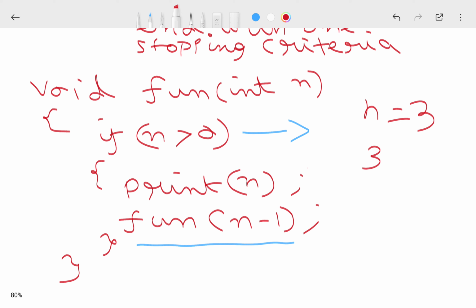Then the same function is called with value 2. Again 2 is greater than 0, so it prints 2. Then the function is called with 2 minus 1, that is 1. Again 1 is greater than 0, so it prints 1. Then it calls the function with n minus 1, that means 1 minus 1, 0. When the function is called with the value 0, the condition is false, so the function call terminates.